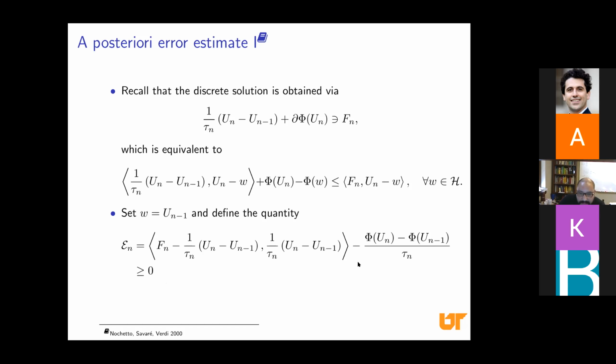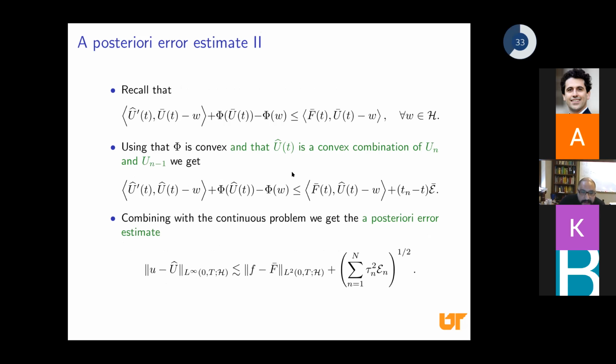And on top of that, more importantly, using that the u hat, my piecewise linear interpolant, is a convex combination of the values at the grid points, I can play with this evolution variational inequality that the interpolant and the piecewise constant function satisfy. Here I had two functions. I want to get rid of these two functions and have an evolution variational inequality only for the u hat. And I can do that.